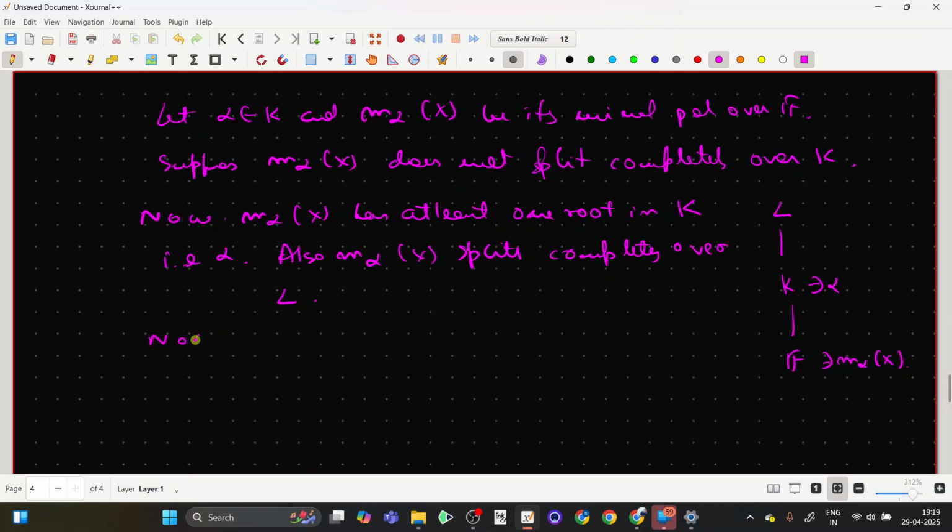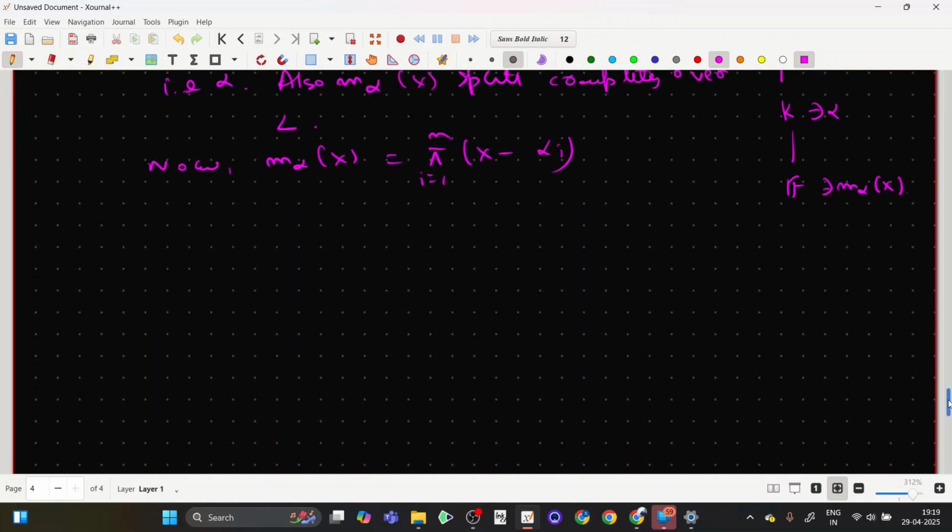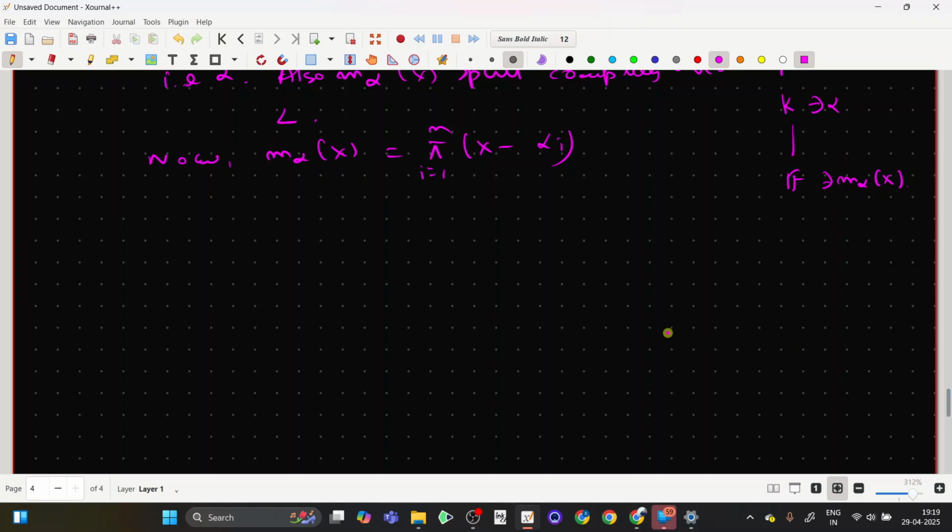Now you can think of this to be over L. I can write m alpha of X as the product of (X minus alpha_i), i equals 1 to n, writing it as a product of the linear factors of all its roots. Therefore alpha_1 till alpha_n are in L. With some sort of reiteration, without loss of generality, I can choose alpha_1 to be alpha.